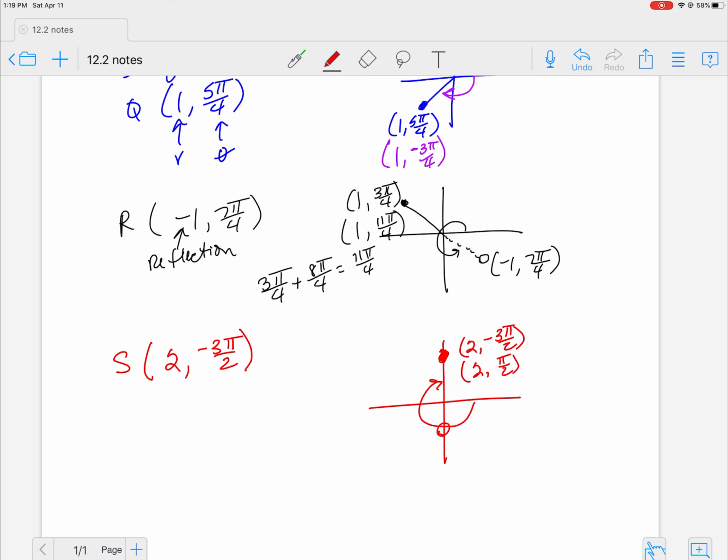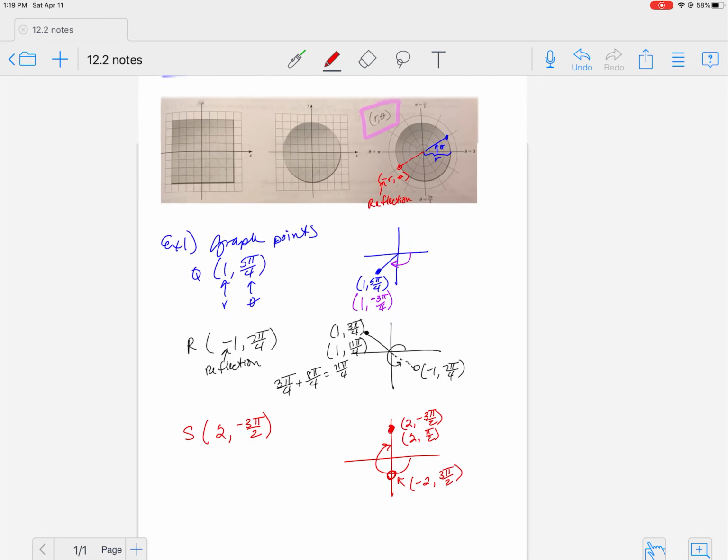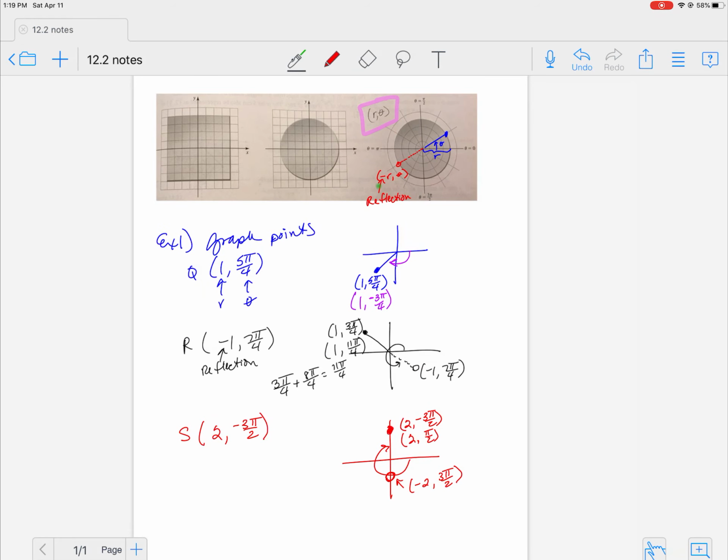What if I wanted the reflection down here? Yes, so we could have -2, and then the actual angle is 3 pi over 2. So whenever I'm talking, so maybe we need to make that point. Let me bring it back up here. When you have the R, it is just a reflection, but your theta is still the same theta so that you know where it goes.